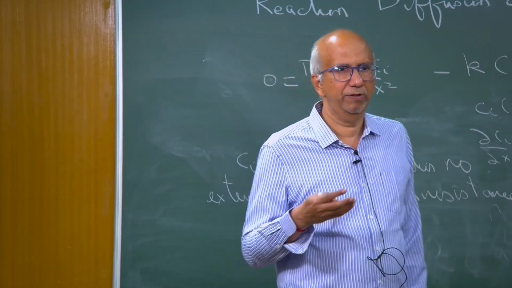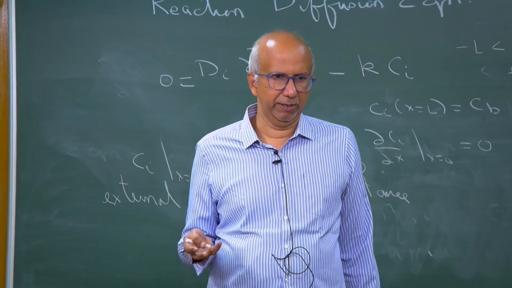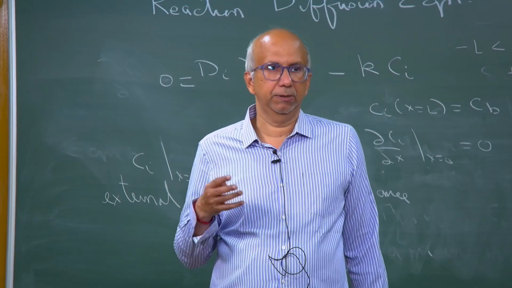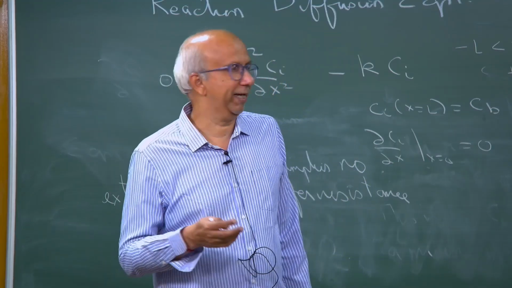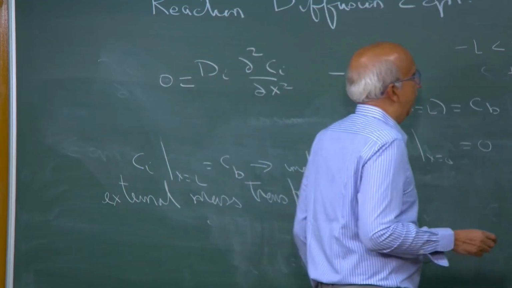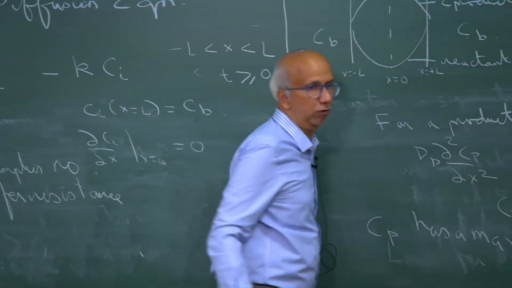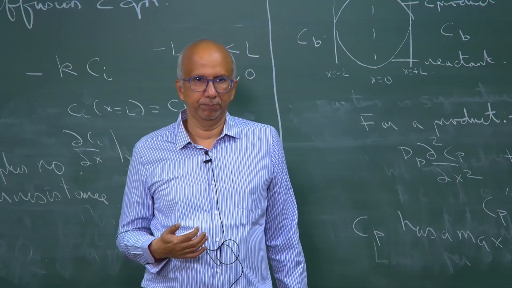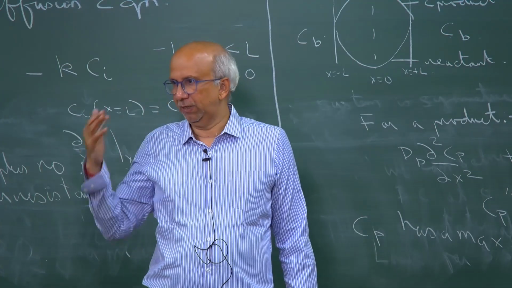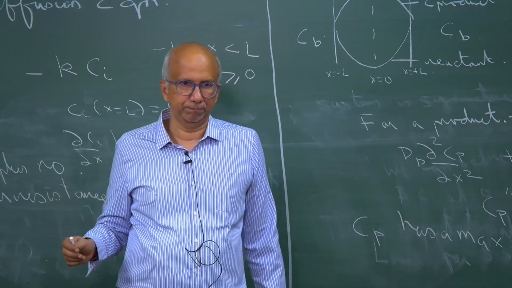When the Reynolds number is very high, your Sherwood number and Nusselt number will be very high, so the heat transfer coefficient and the mass transfer coefficient will be very high. If that is high, I can for all practical purposes assume that the concentration at the surface is equal to the bulk concentration. There is no resistance outside. Concentration should be thought of like a potential, and if there is no resistance, the voltage is the same.